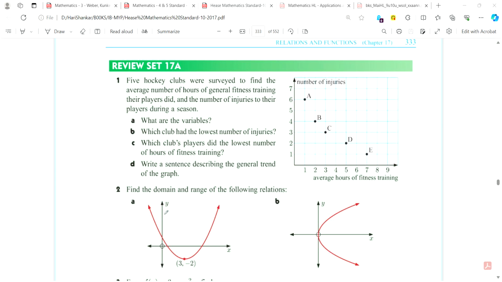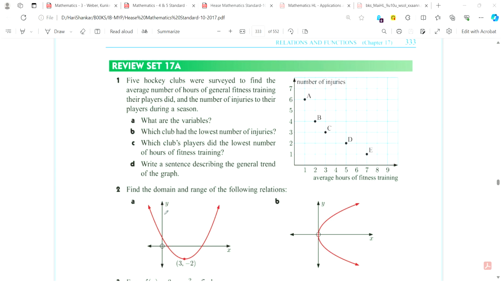For the range, it is all possible y values. But when I look at the graph, I can see the graph is not going beyond negative 2. The graph is coming down, and at y equal to negative 2 it turns and again takes the same y values that this graph had taken before negative 2.